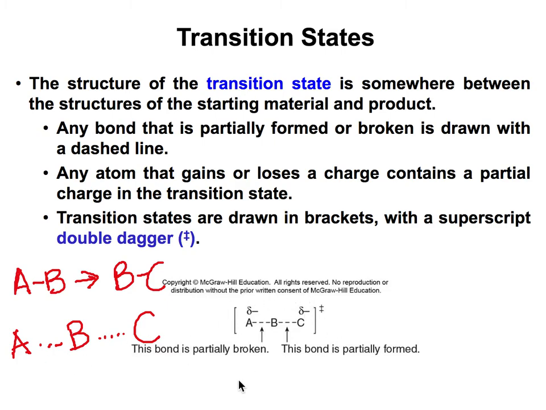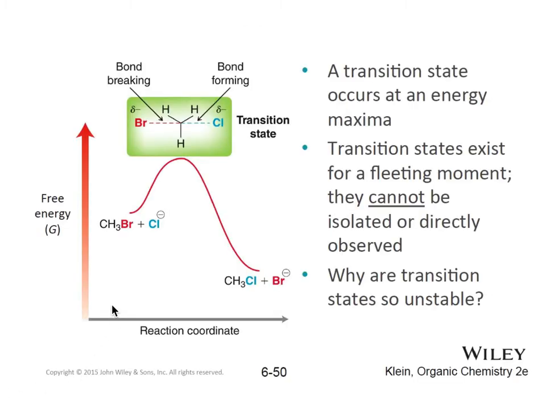We represent it between brackets, just like here, using this double dagger sign that indicates that this representation is a transition state. As one bond is being broken, the other bond is being formed, and that happens at the maximum of the curve.